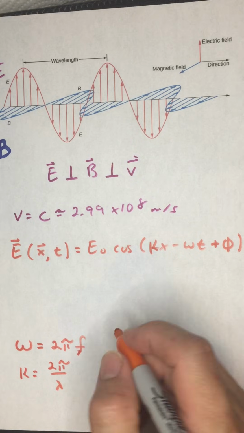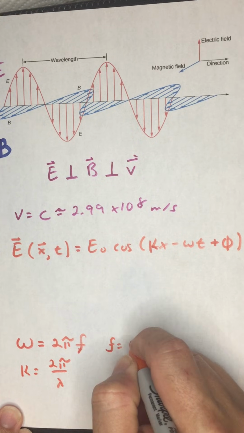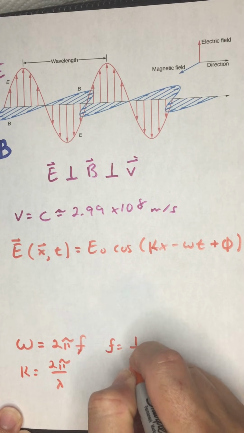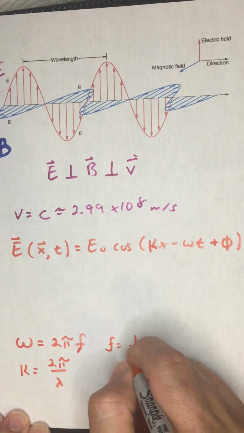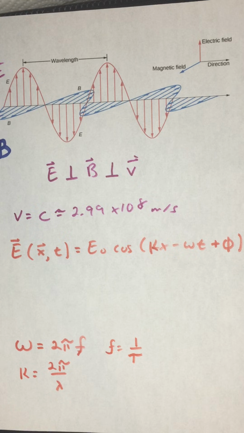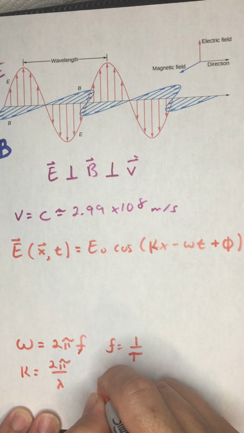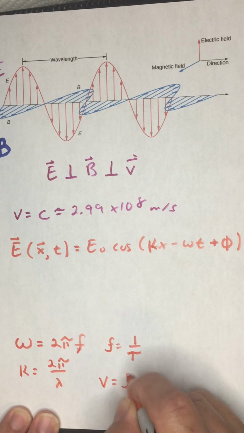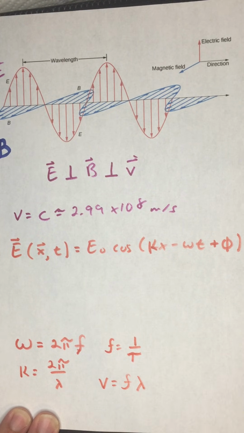Of course, the frequency, remember, is 1 over the period, T, not tau, the period being how many seconds it takes to complete 1 cycle. And we furthermore have at our disposal the wave speed equation, which in general says that the speed of a wave is equal to its frequency times its wavelength.